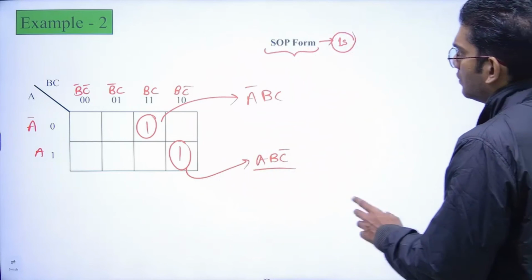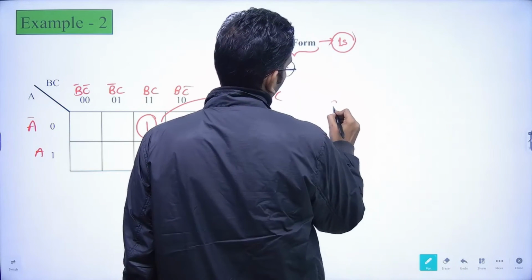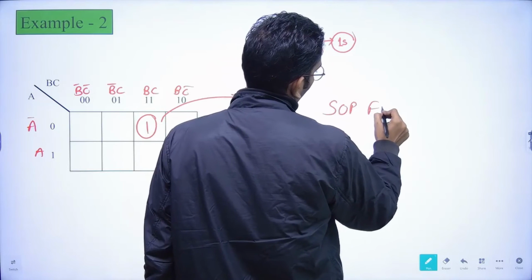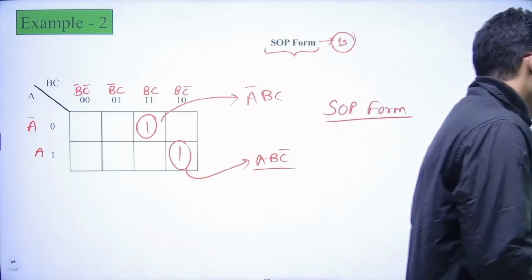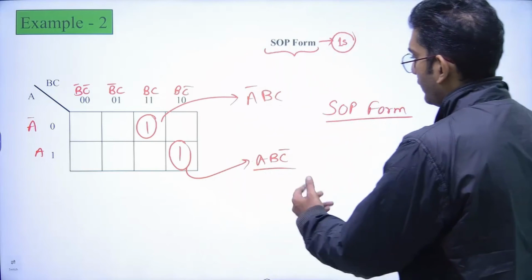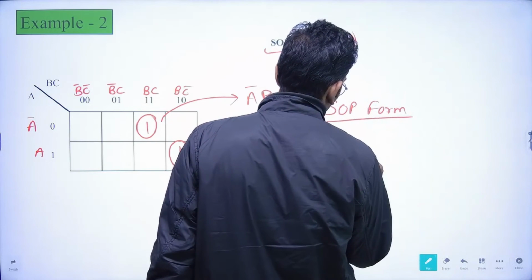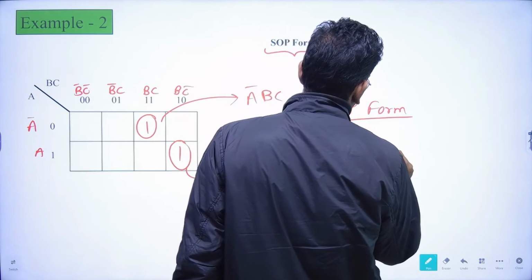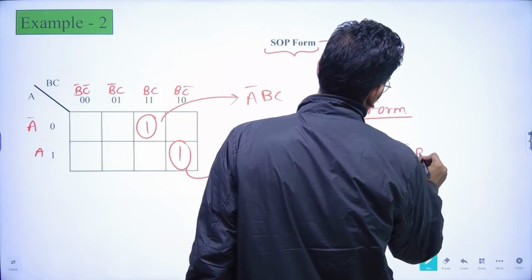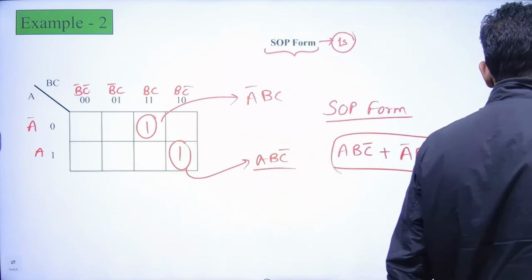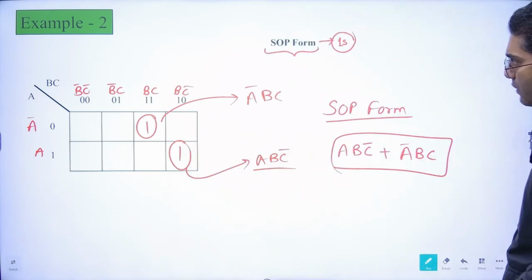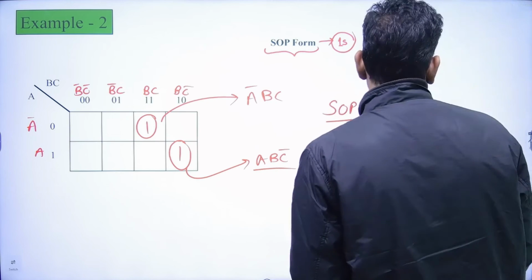Now if we want to write the final SOP format, SOP is basically the sum of products. So we can write A, B, C complement plus A bar, B and C. So in this particular case, this is the final answer that we would get.